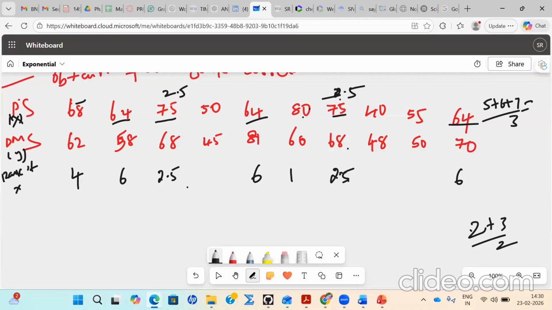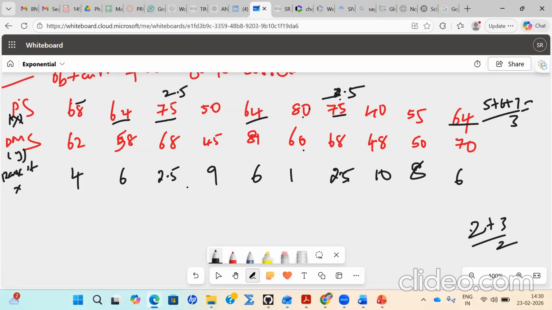What is next highest? 55. What is the rank you will be getting? 8. Next highest is 50, so 9. Next highest is 40, so 10. So this is how the number of candidates and the number of ranks should match. Is this clear? Any doubt in this calculation?